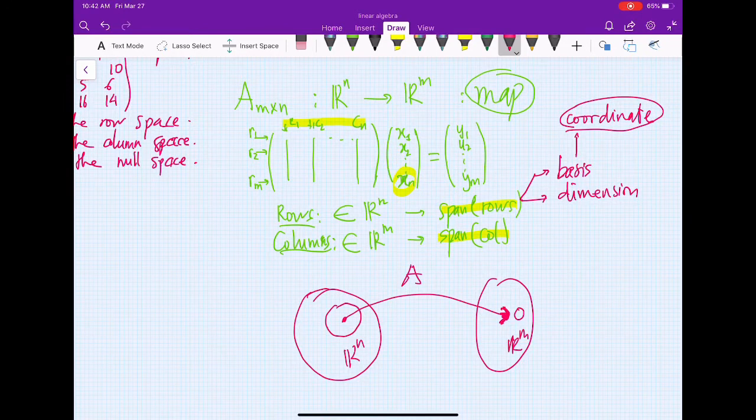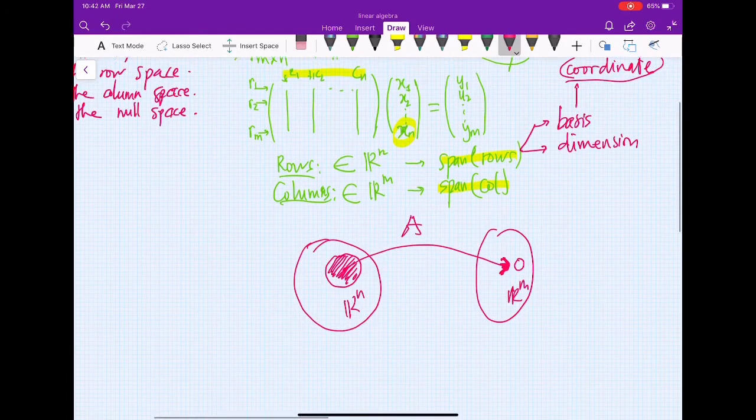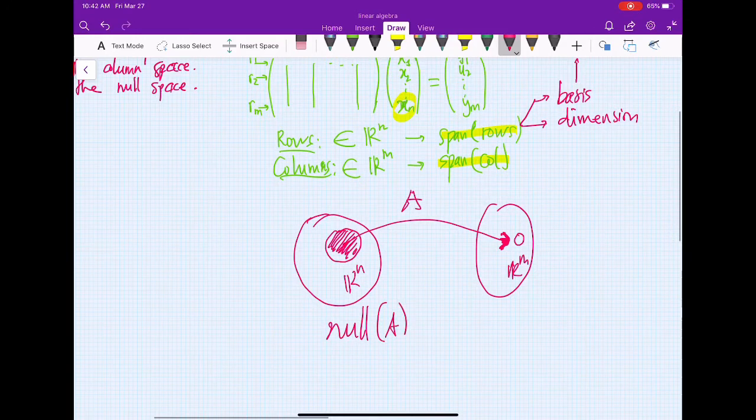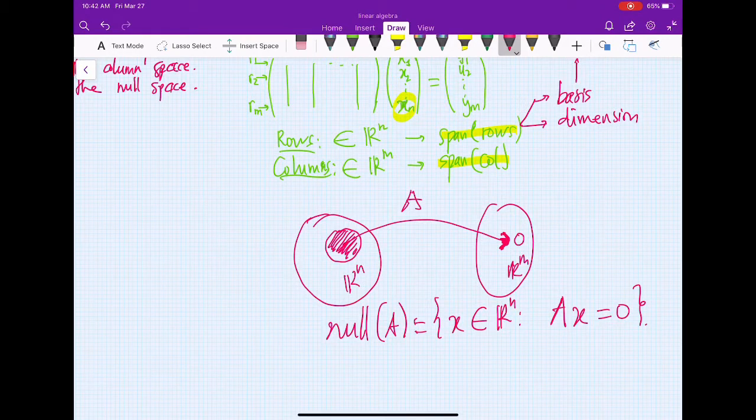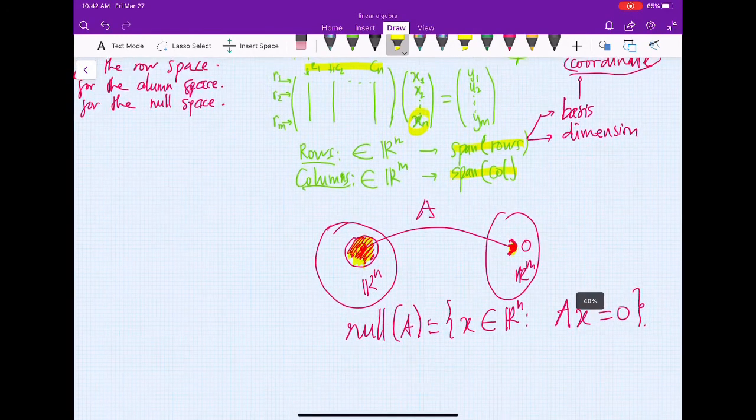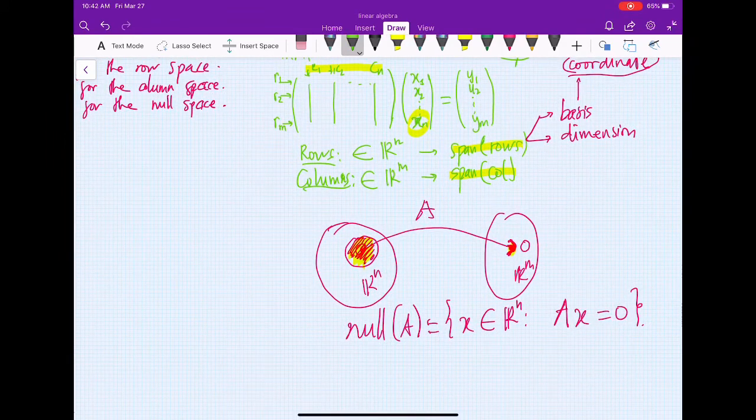The null space of A is nothing but the set of all vectors x such that Ax equals 0. That means the matrix A sends all these vectors to 0 in Rm. That's it. That is the null space of A.